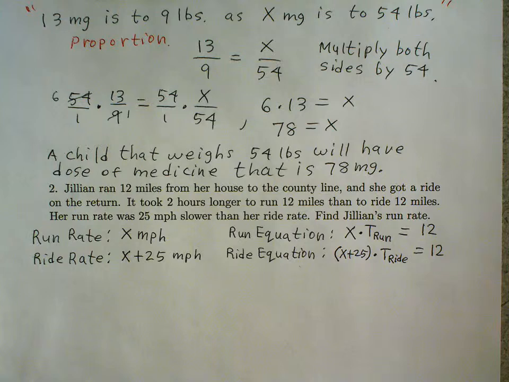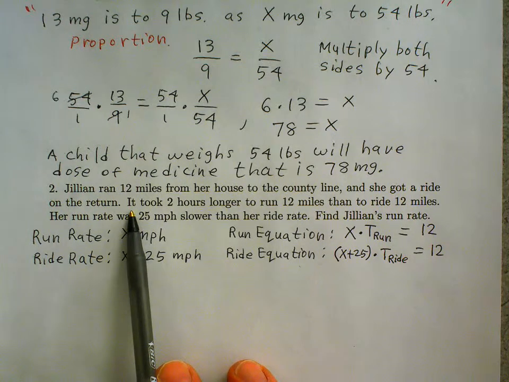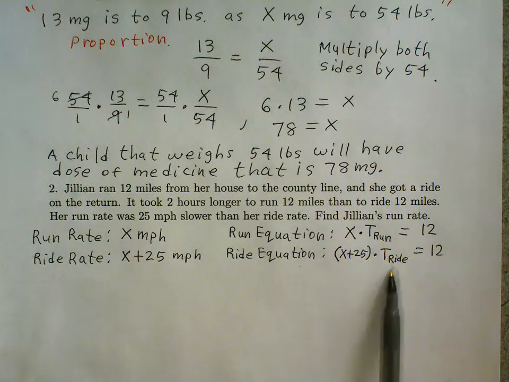And can you pick out a key bit of information that we're going to need in the next part? It took 2 hours longer to run than to ride. Yeah, in the second sentence, we're told how the times are related.